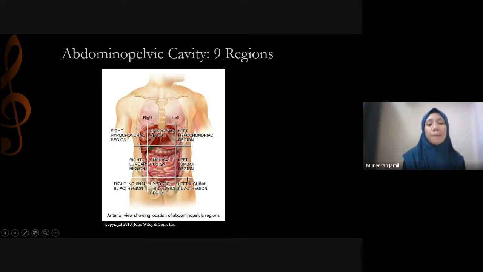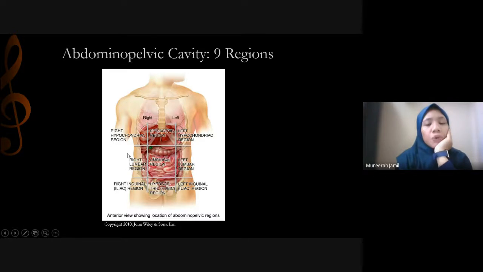Okay, then the left lumbar region, here you have your renal, the kidney, and then you have part of the colon, and then you have your intestine in the umbilical region, most of your intestine in the umbilical region, and the sigmoid, transverse colon.